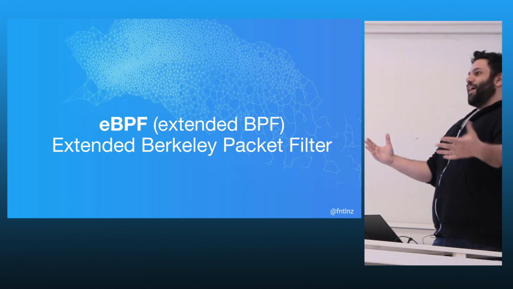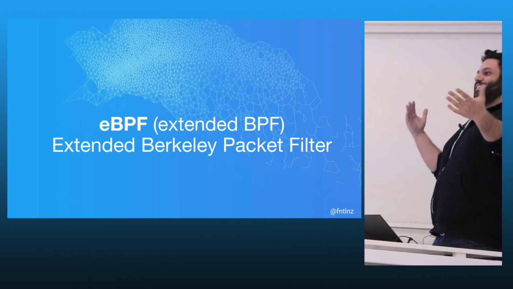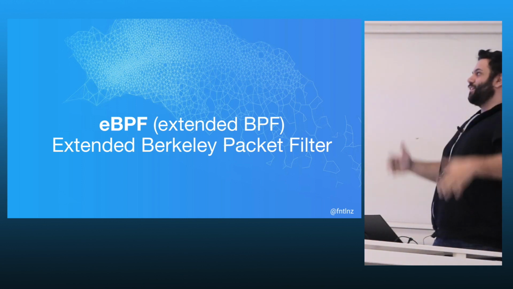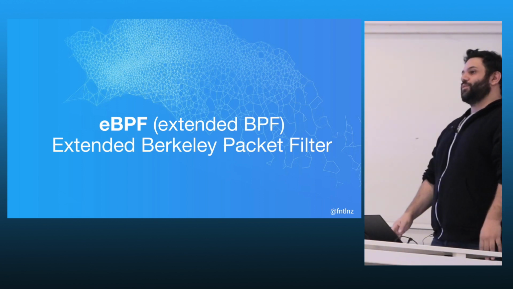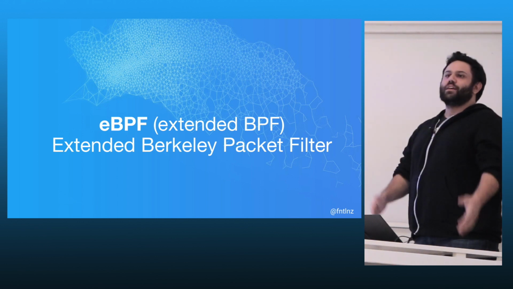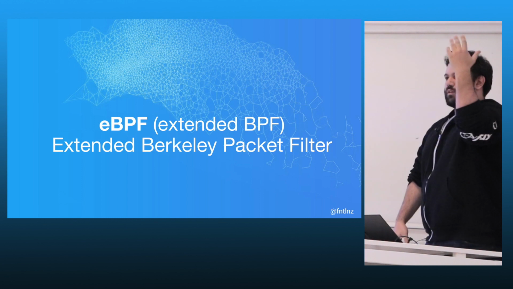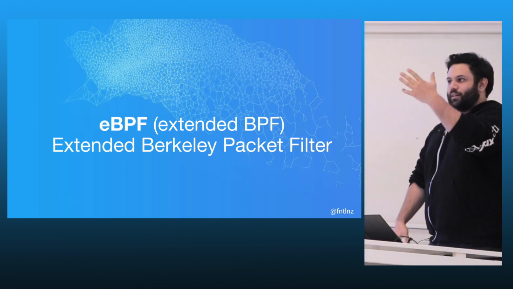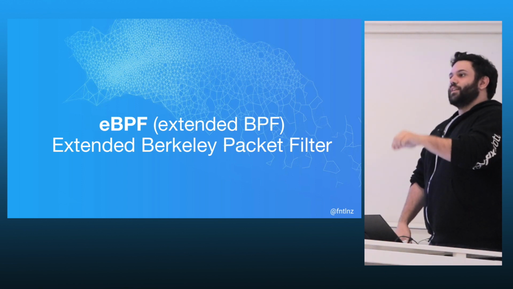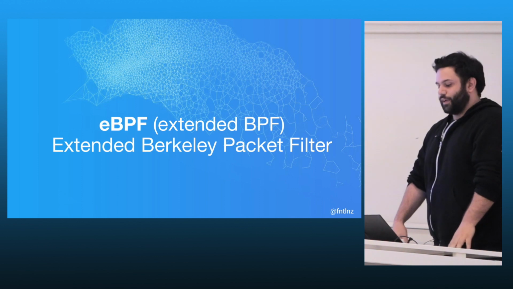But we added an E as a prefix, so it's extended, which means it can do everything. Extended Berkeley Packet Filters are specific to Linux, so you will not find them in macOS or Solaris or whatever. But if you have a Mac with you, you will find the BPF syscall on your Mac, but it's just for networking.